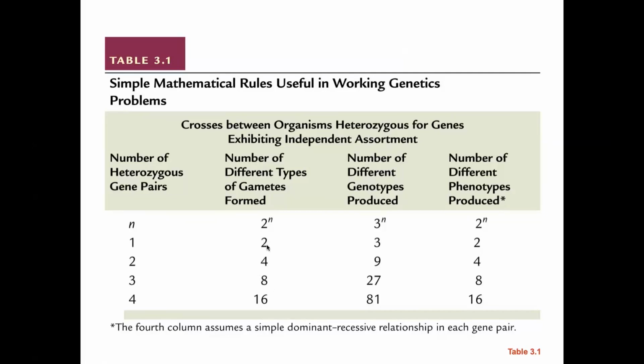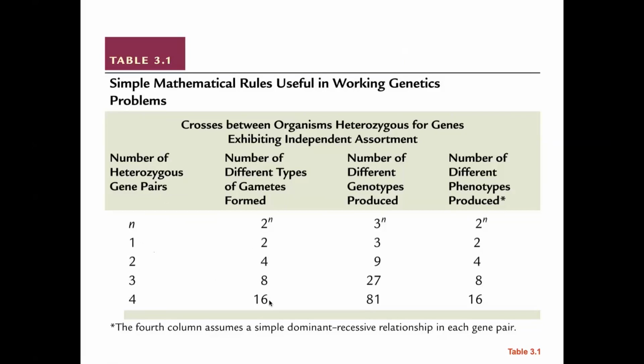So there's actually a pattern here. The monohybrid, where you're heterozygous for a single gene, 2 different gametic types that individual can produce. If you're a dihybrid, 4, trihybrid, 8, tetrahybrid, 16. So there's an exponential increase.